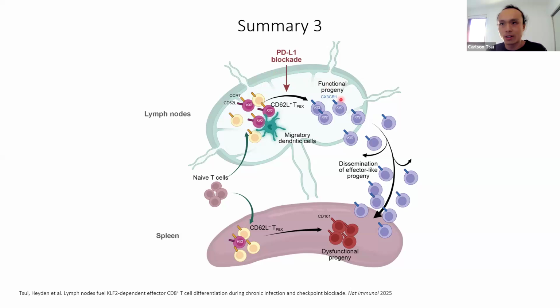This allows the robust formation of CX3CR1 positive progeny, which gets disseminated via systemic circulation and can also enter the spleen. In contrast, in the absence of these migratory cDC1s, such as in the environment of the spleen, you are much less likely to produce CX3CR1 positive TEX cells.